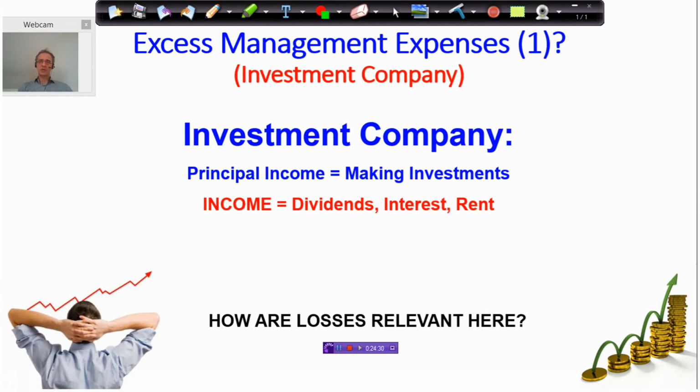Losses are relevant where we have what we call excess management expenses. In other words, we have expenses that exceed the investment company's income, and the Revenue are keen to have a specific way of utilizing these losses, and to some extent a restriction of these losses against other income.